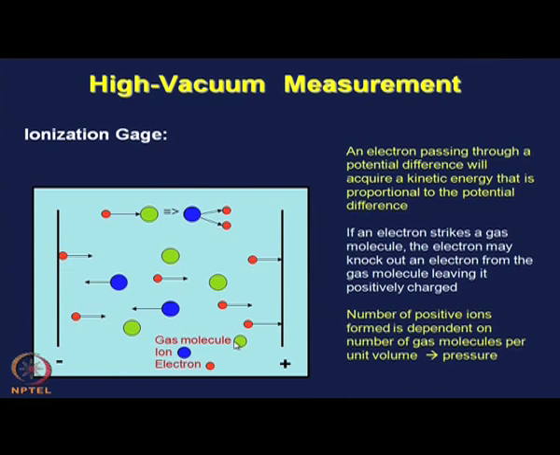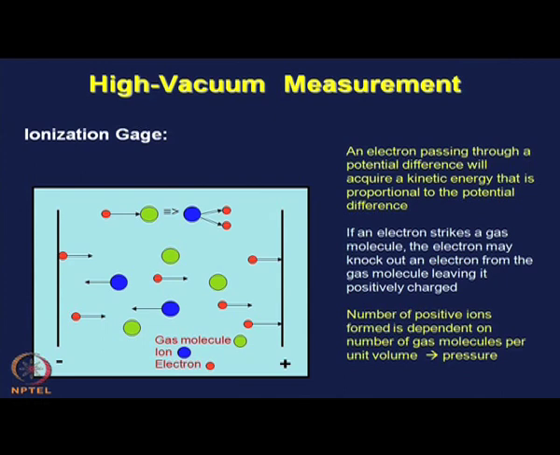Next, let us talk about the ionization gauge, another important high vacuum measuring instrument. An electron passing through a potential difference will acquire a kinetic energy that is proportional to the potential difference.